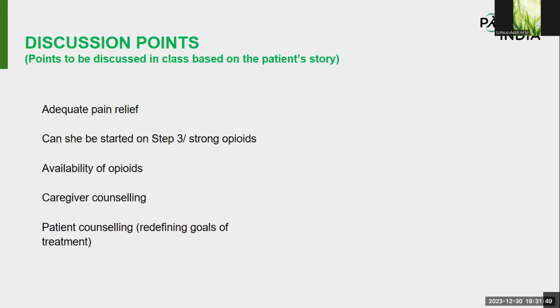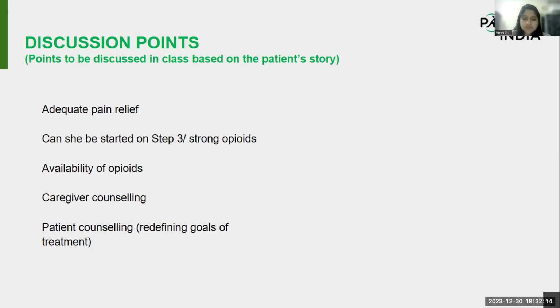So I think what we need to do is improve the awareness of society. Even there are a lot of misconceptions, not only about cancer, but also about many other diseases. So unless that is improved, all these things can happen.